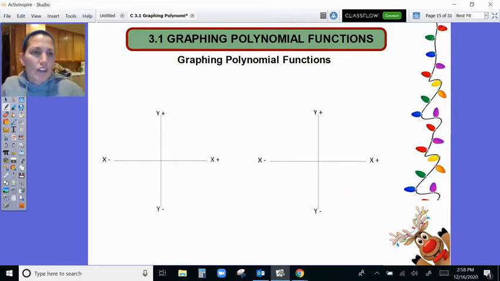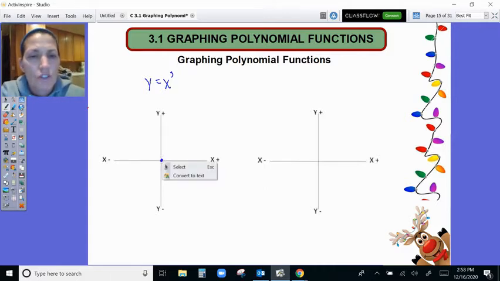Now we're going to take a look at a function that you guys are not particularly familiar with. It's called a cubic function, y equals x cubed. We may have touched on these a little bit, we may not have. The basic idea is 0 cubed is 0. If we plug in 1, 1 cubed is 1, and 2 cubed is 8. If we plug in negative 1, negative 1 cubed is negative 1, and negative 2 cubed is negative 8.